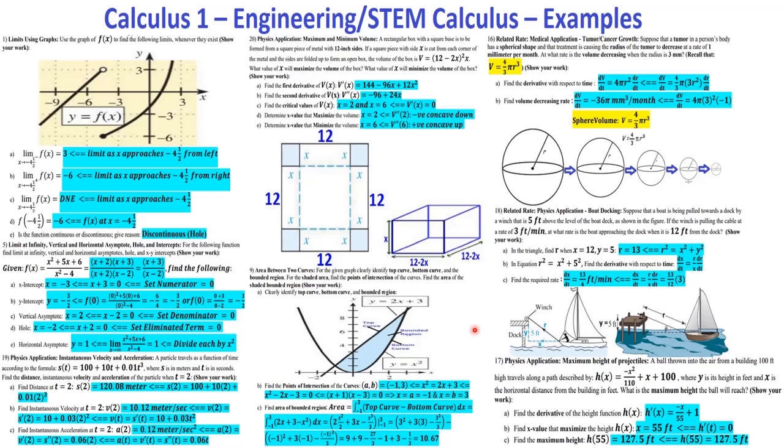A boat is approaching the dock by a winch, and this winch is pulling the boat. The R is changing and the X is changing, but the Y is not changing, so the height of the dock is the same.